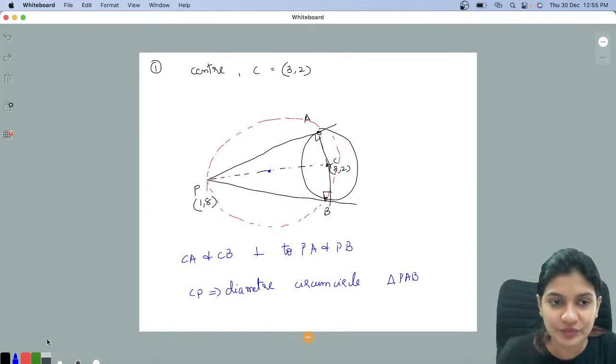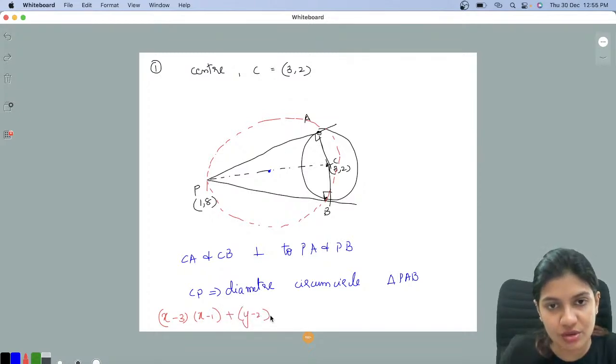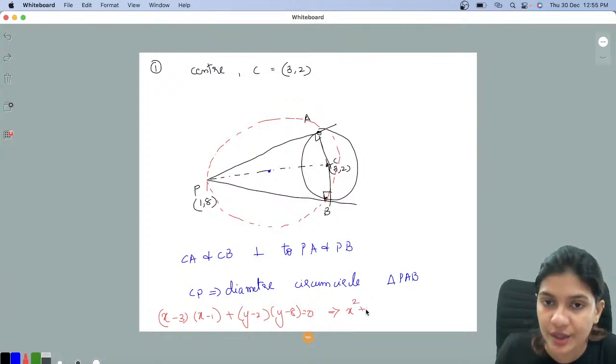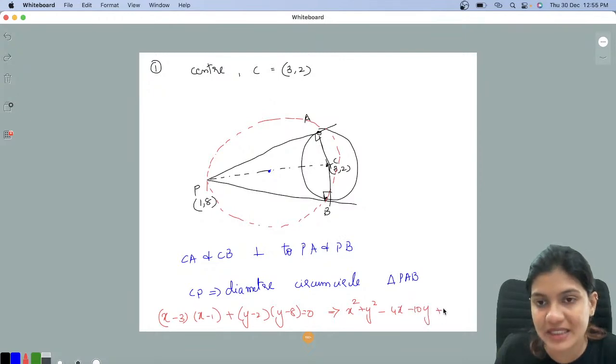So the equation of the circle can be written as (x minus 3)(x minus 1) plus (y minus 2)(y minus 8) equals 0, which on expanding becomes x square plus y square minus 4x minus 10y plus 19 equals 0.